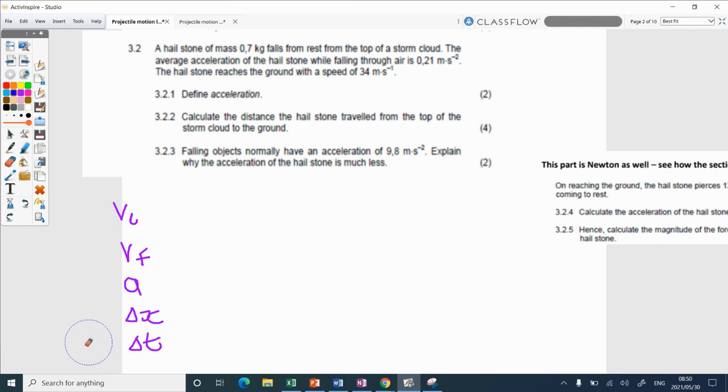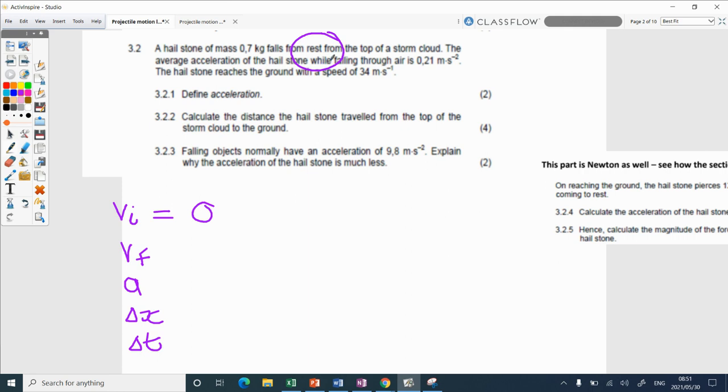I always read the question quickly to get a sense of what's going on, the story. Remember, the story is important. And then you put in your values. A hailstone of mass that falls from rest. From rest. Is that screaming something at you? Initial velocity is 0.